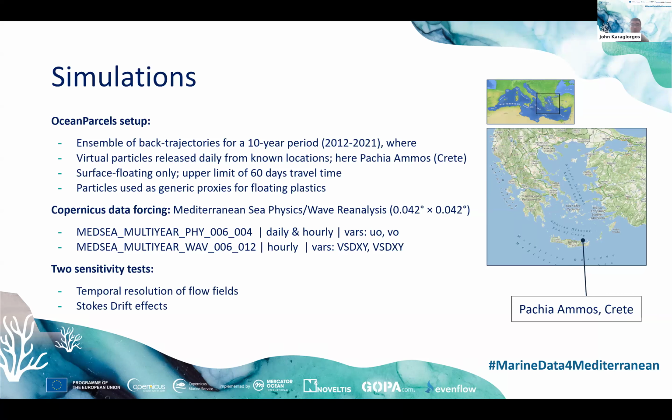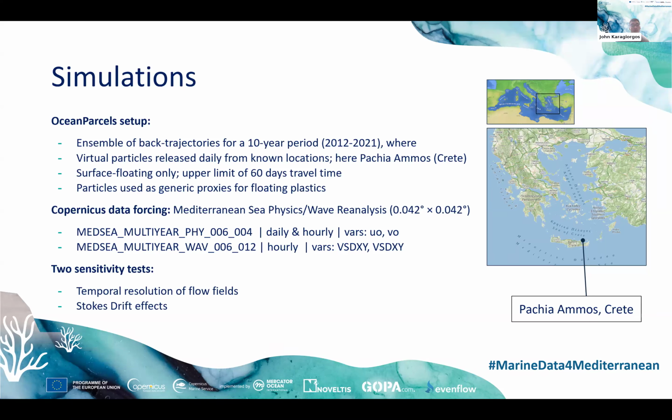Here it's important to note that the plastics were constrained only to the surface, and we track them back in time for 60 days after the first release. These particles are used here as generic proxies for floating particles, as we don't simulate here varying sizes or densities, but they capture the first order transport pathways.